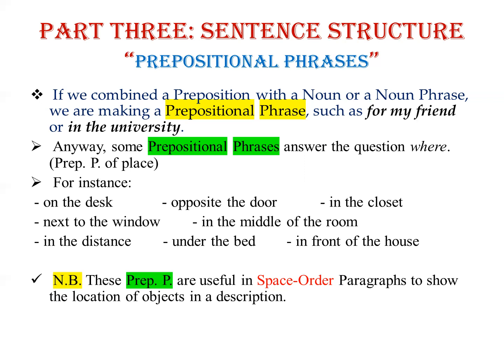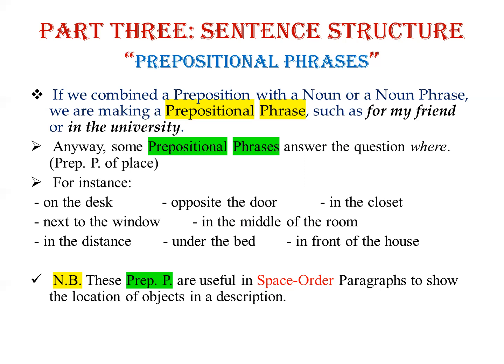We were describing things. Note well, these prepositional phrases are useful in space order paragraphs to show the location of objects in a description. So you always use prepositional phrases describing the place, such as these examples, in space order paragraphs.